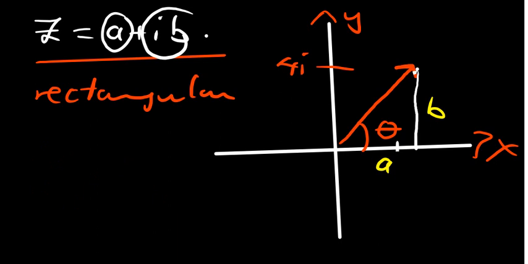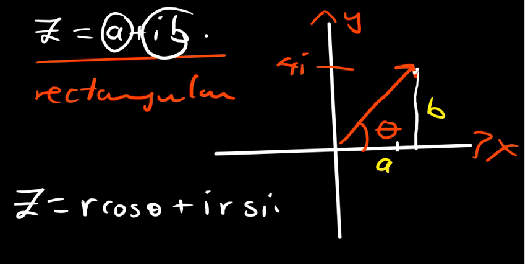In polar form, the complex number is going to be r cos theta plus i r sine theta. To make it easier, we factorize the r, so that we remain with cos theta plus i sine theta only.